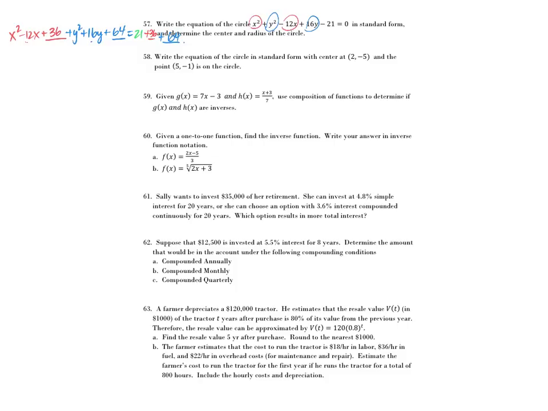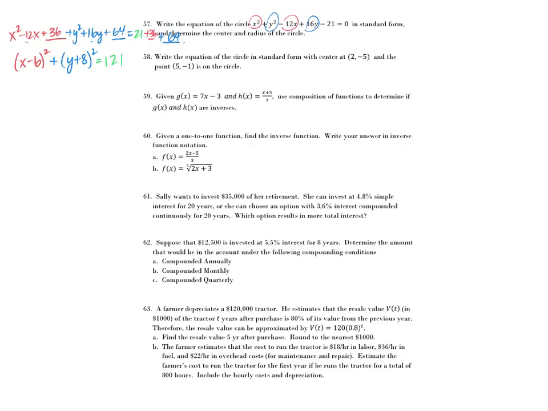Okay, and so then when I write this guy as a square, it's going to be x minus 6 quantity squared plus y plus 8 quantity squared, and equals 21 plus 36 plus 64. 21 plus 36 plus 64 is 121.